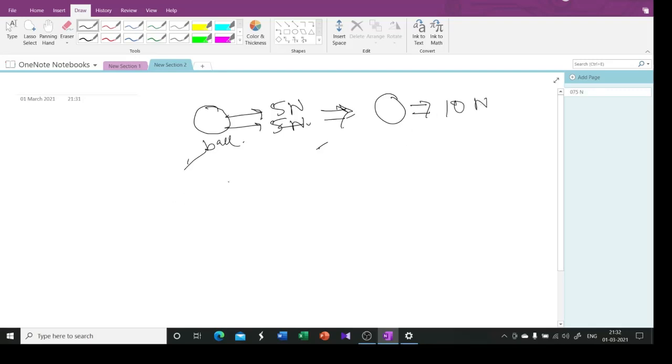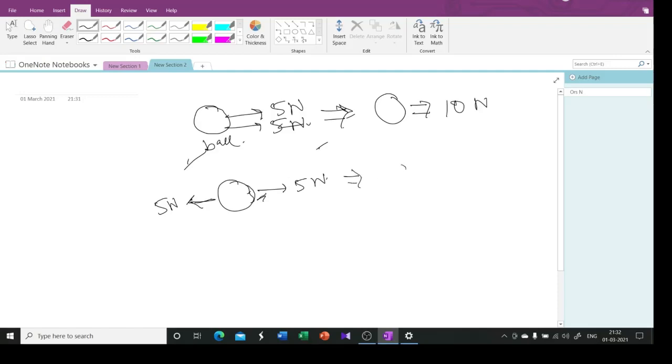Simple as that. But now, suppose you are pulling it with 5 Newton force this side and your friend starts pulling it with an equal and opposite force from the other side. So now tell me something. Is the ball going to move anywhere? No, right? Because you are applying equal and opposite force on both directions on the ball. So it's going nowhere.